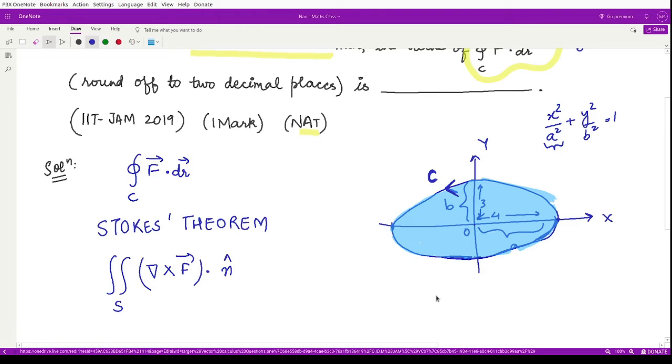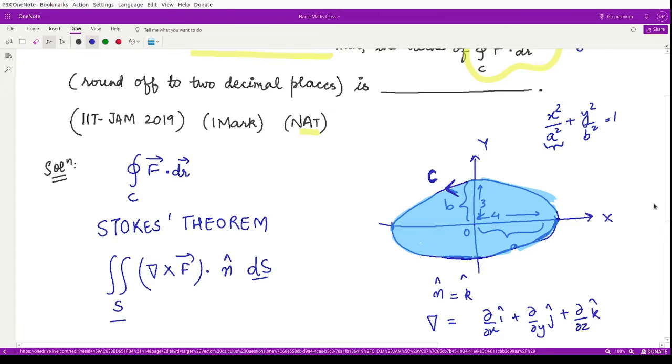So here your n vector would simply be the unit vector in the direction of the z axis, which is k cap, and we have to write here ds, the surface integral. Okay, so now we know what n is, we have f, and we know what del is. Del is del by del x i cap plus del by del y j cap plus del by del z k cap.